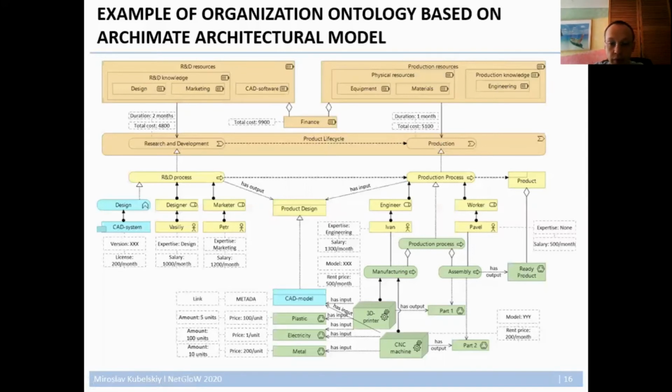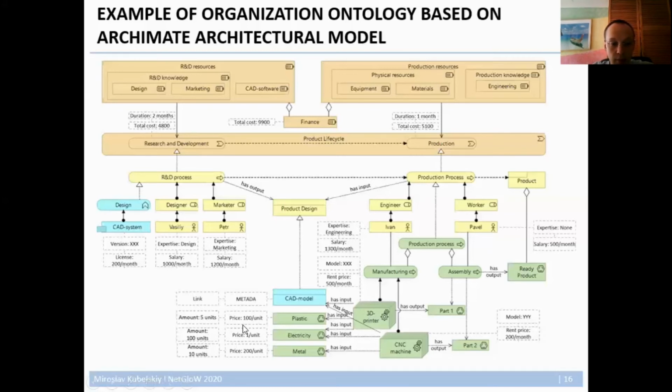Two units of equipment, a 3D printer and CNC machinery, require the previously obtained CAD model of the product as well as materials, plastic, metals, and electricity, each of which also has its own attributes such as price per unit and needed amount.